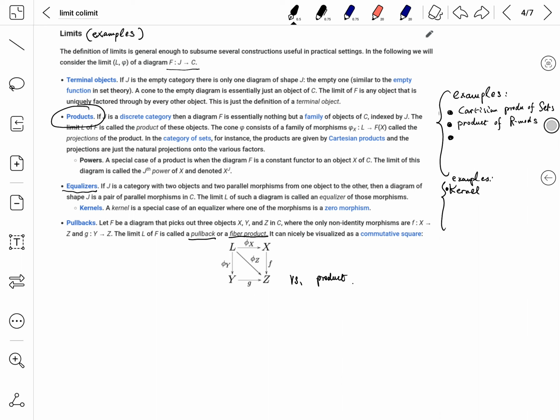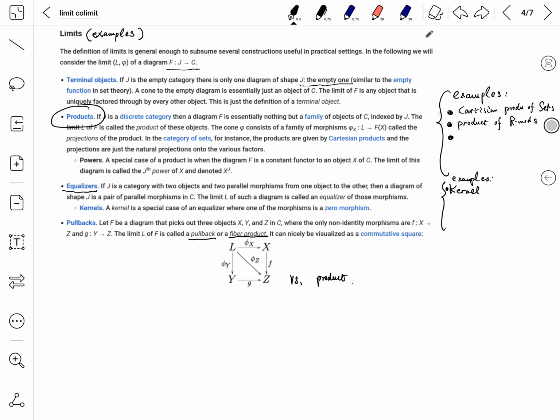If J is the empty category, there is only one diagram of shape J, the empty one, similarly to the empty function in set theory. A cone to the empty diagram is essentially just an object of C. The limit of F is any object that is uniquely factored through by every other object. This is just the definition of a terminal object.